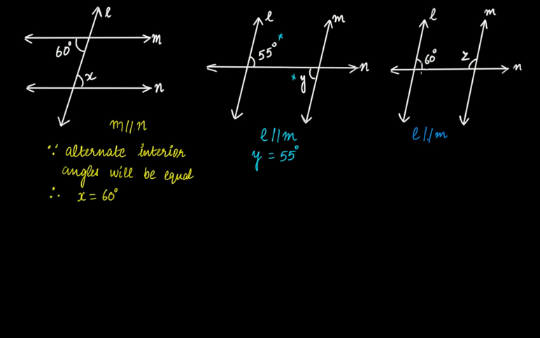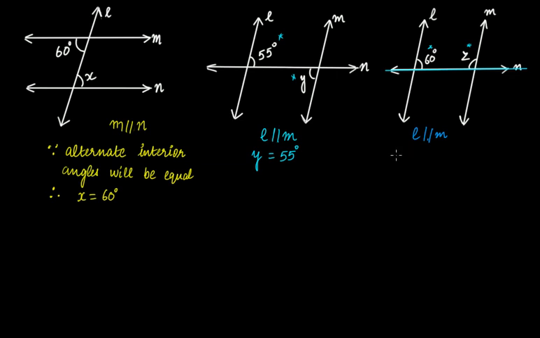Interior angles to the same side of the transversal. So if this is a transversal, let me draw it here. If this is a transversal in this case, right, this is a transversal, these two angles are interior angles of these two parallel lines which are on the same side of the transversal, and that will be supplementary.